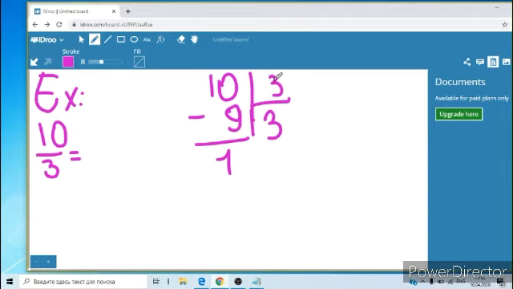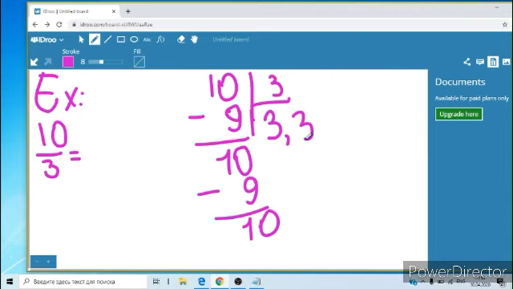Our remainder is less than 3. So we can add here 0, but here we must also write the point. So 10 divided by 3, here also we will give 3. 3 times 3 will be 9. If we subtract 9 from 10, it gives us 1. So 1 is less than 3. Here also we will add 0, because we have put the point.